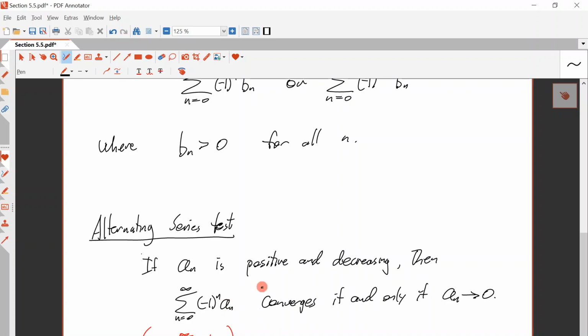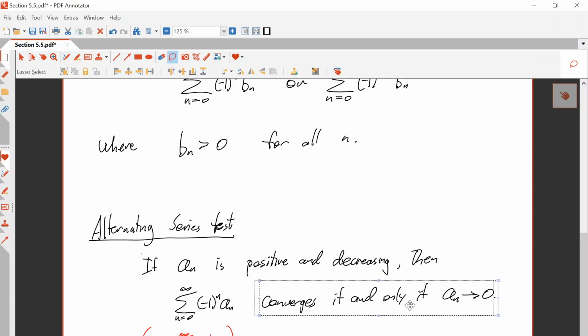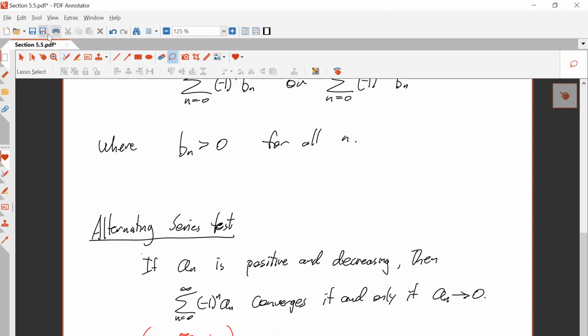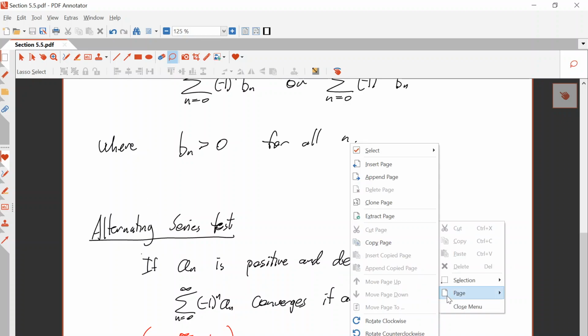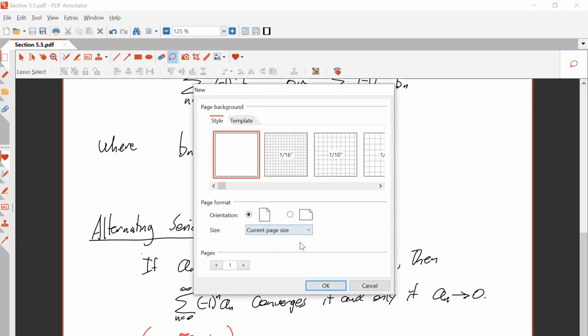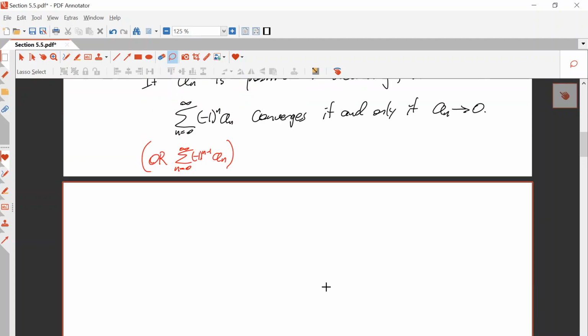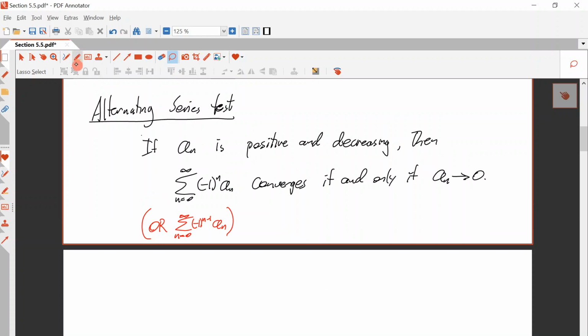With alternating series, it goes both ways. The series converges if and only if the terms go to 0. Pretty cool. And the way in which it converges is very interesting, I think. So let's talk about what we just said before we get into the proof of that.